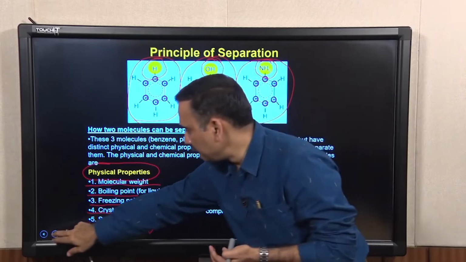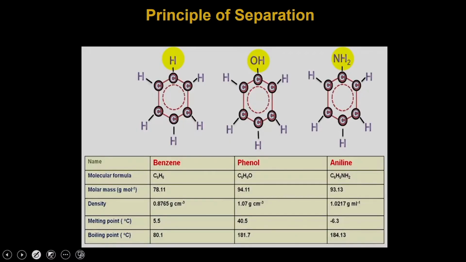Let us see how you can exploit these physical or chemical properties for these three molecules: benzene, phenol and aniline. You can see that the molecular weight of benzene is 78.11, whereas phenol is 94.11 and aniline is 93.